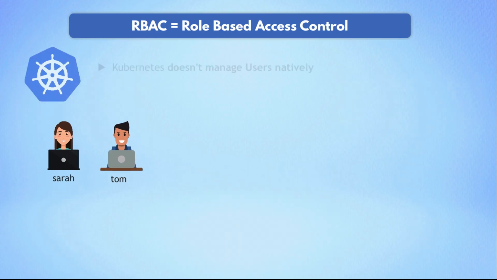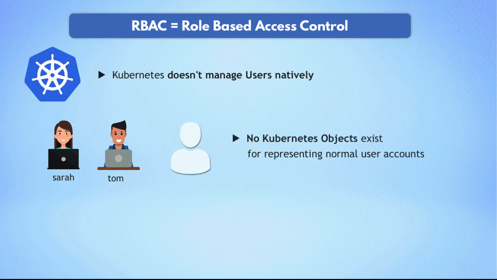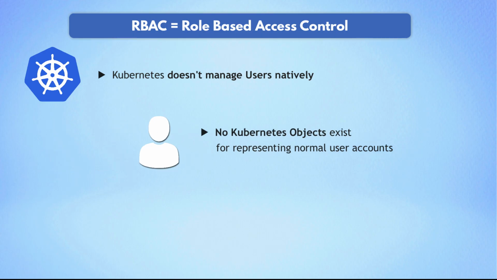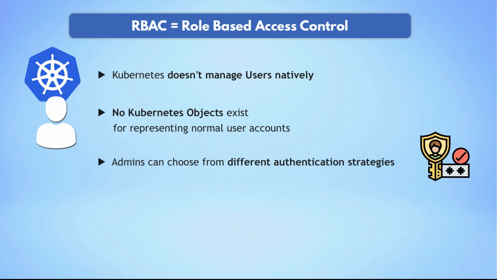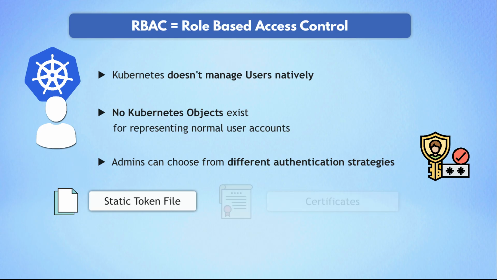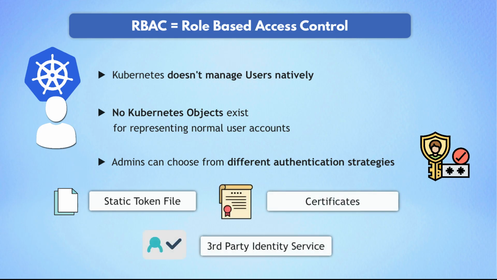In Kubernetes, there is actually no resource for user. So you can't directly create user components in Kubernetes. Instead, the users are indirectly created by either importing a list of users into your cluster, or, for example, by generating a client certificate for the Kubernetes API server for a specific user.